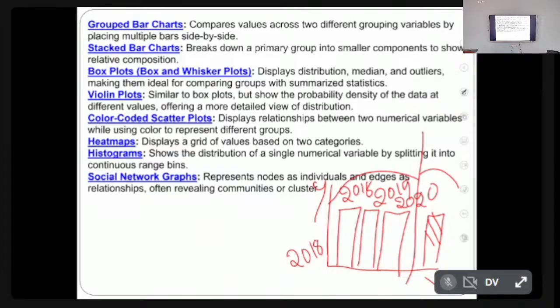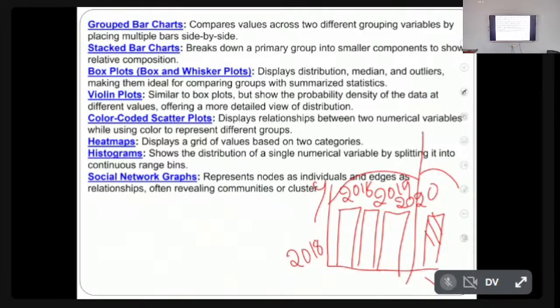Next one, social network graphs. Social network graphs represent nodes as individuals and edges as relationships.